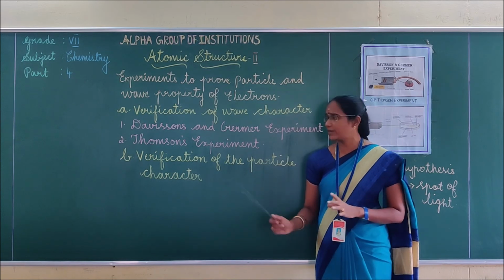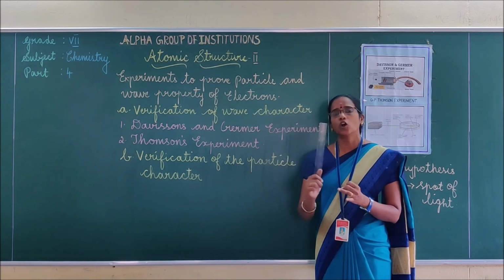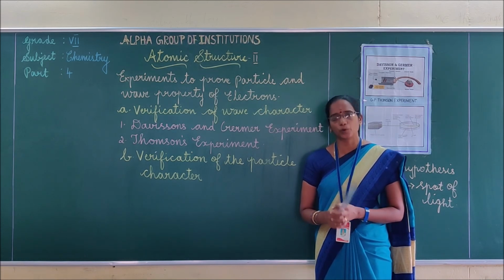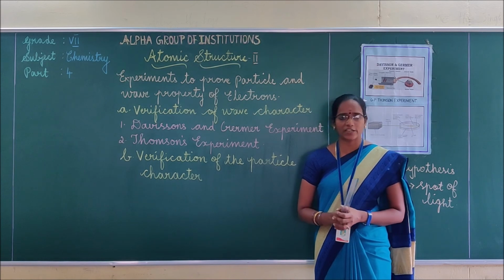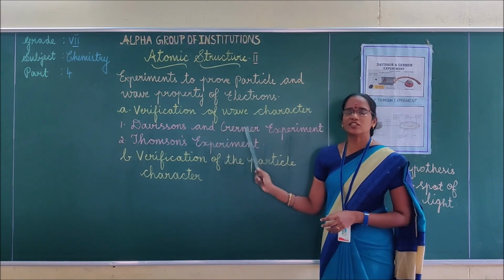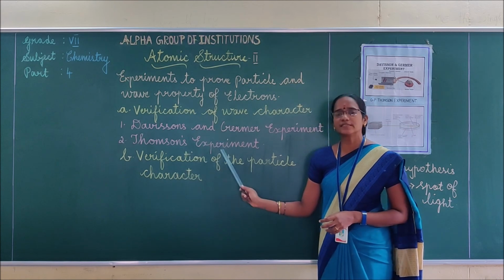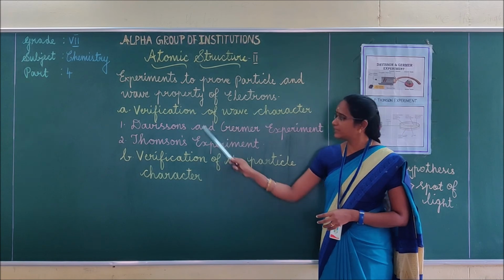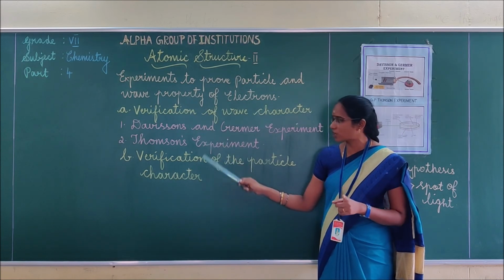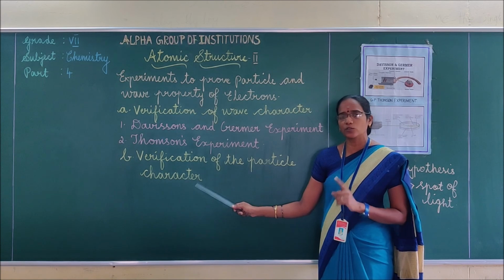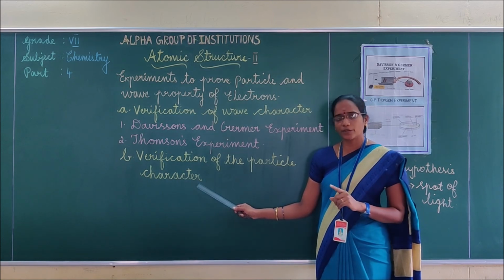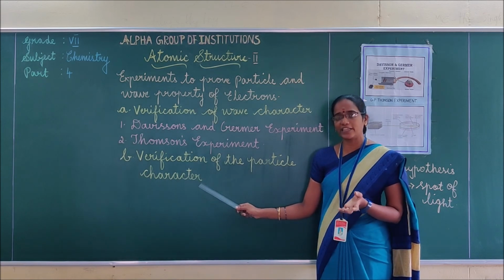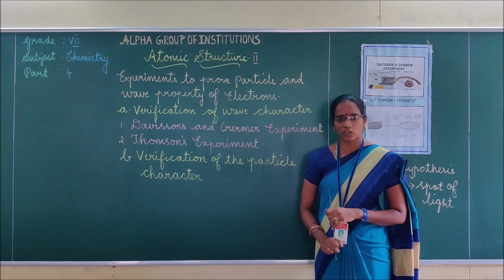These prove the particle character of the electron, whereas the Davisson and Germer experiment and Thomson's experiment prove the wave nature of the electron.